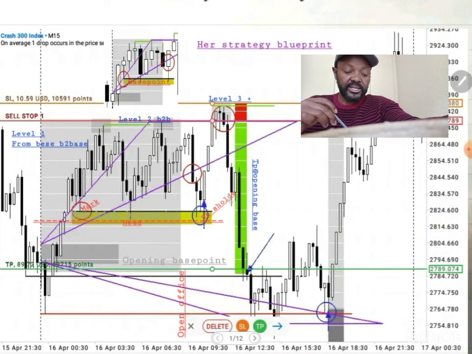So we try to make all our trading have confluence, to have 2 reasons for us to buy. If there are not 2 reasons to buy, then we skip that opportunity. It's not an opportunity.